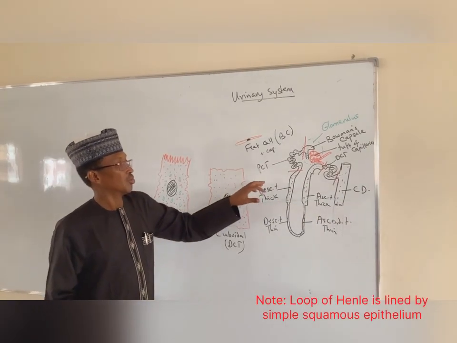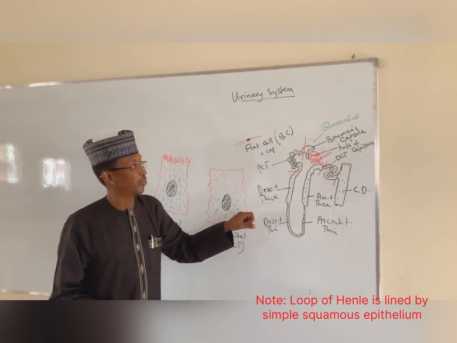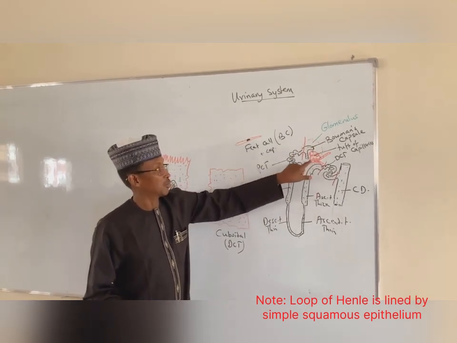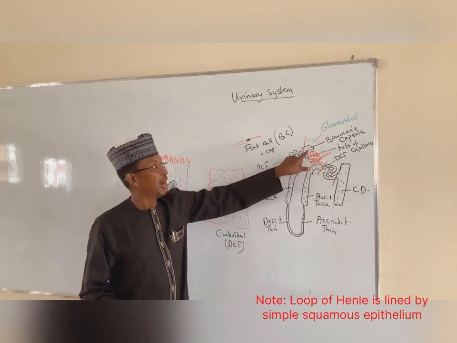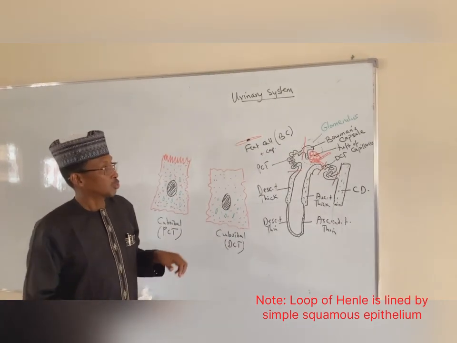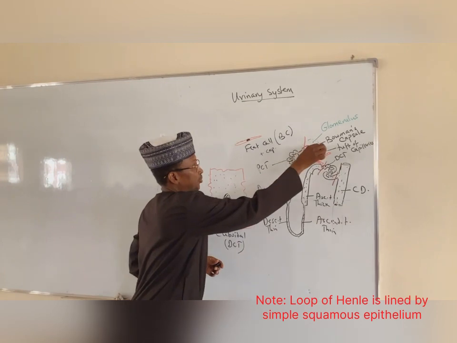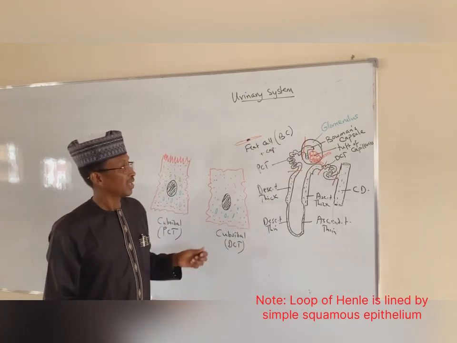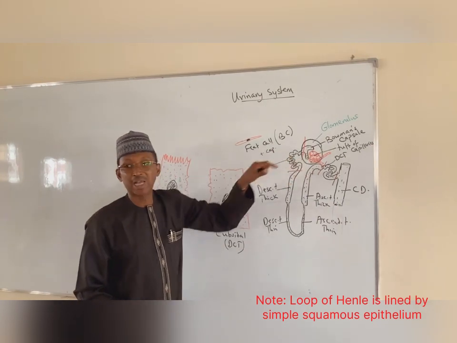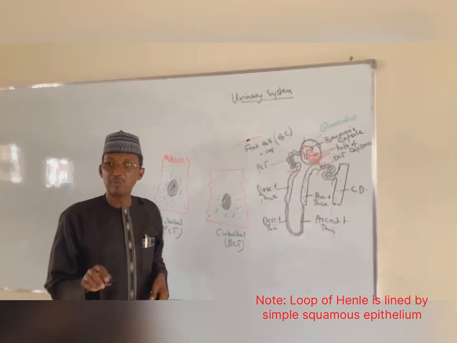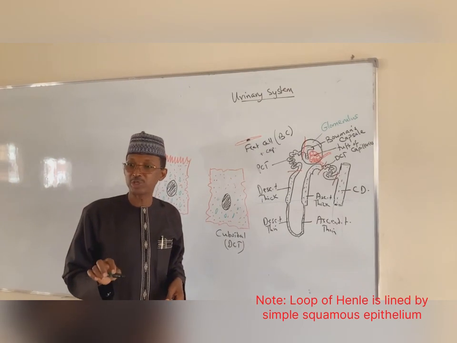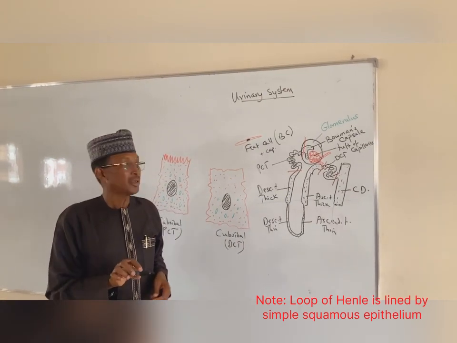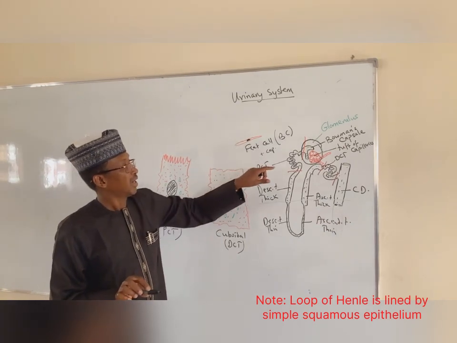Each nephron, as I told you before, has a glomerulus that consists of the tuft of capillaries and Bowman's capsule. If you now take this portion of the glomerulus and look at the capillaries, if you can remember your cardiovascular system, in each capillary you have what you call an endothelium.